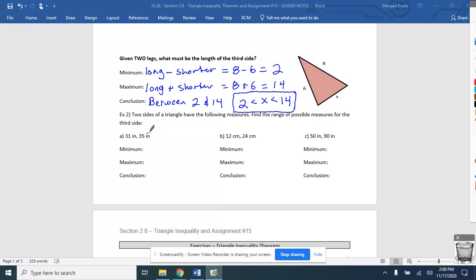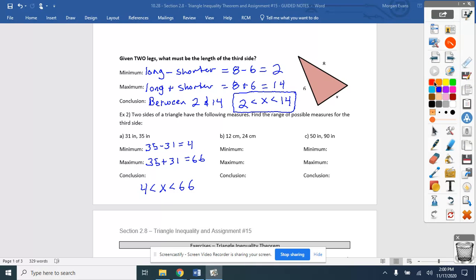So here, if we have 31 and 35, if we just find that difference between the longer and the shorter, 35 minus 31 is 4. There's your minimum. Maximum it could be is we add them together. 35 plus 31 is 66. So in conclusion, x has to be between 4 and 66.